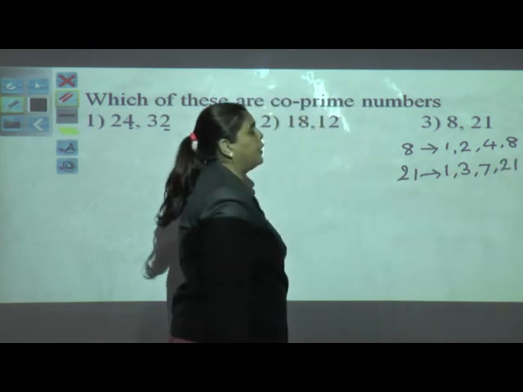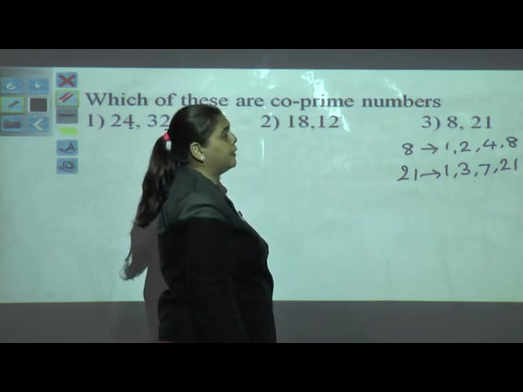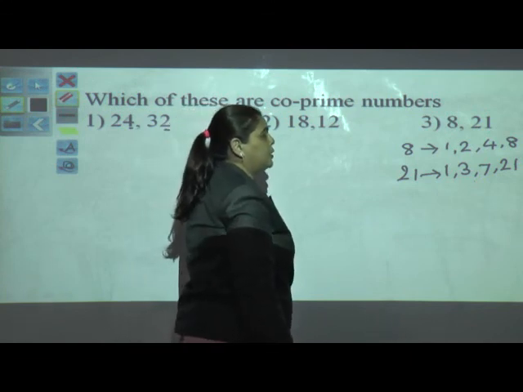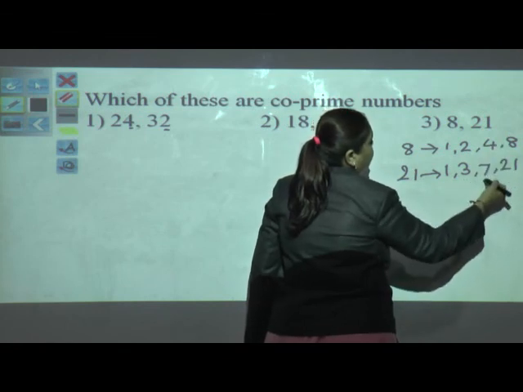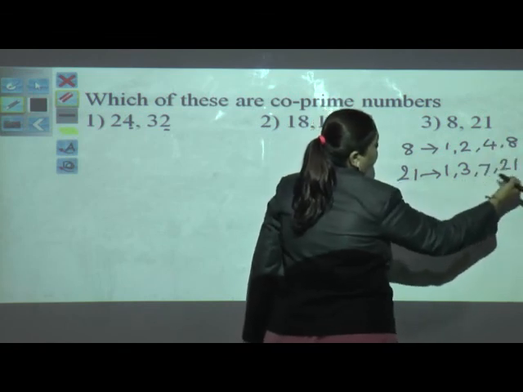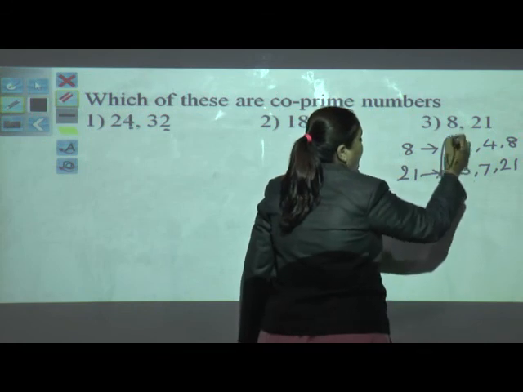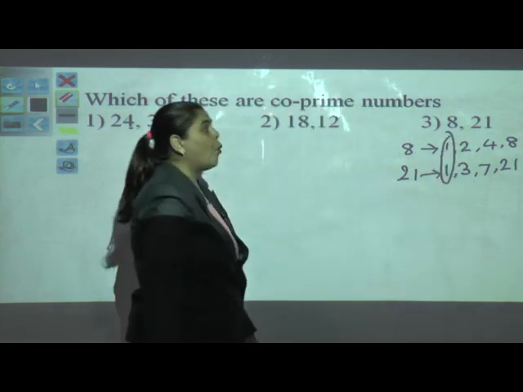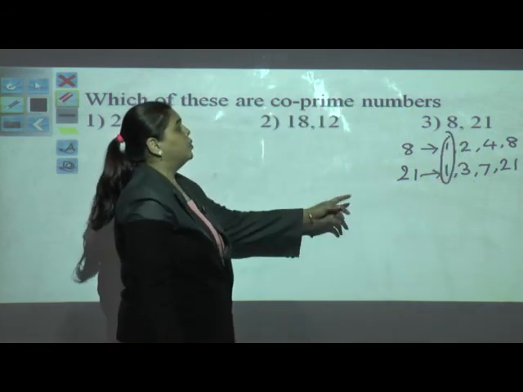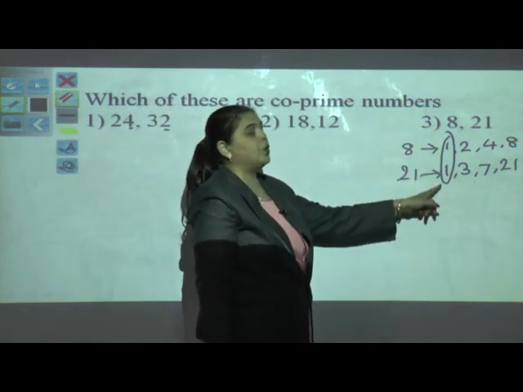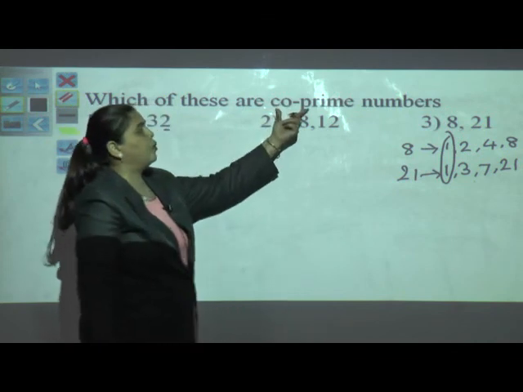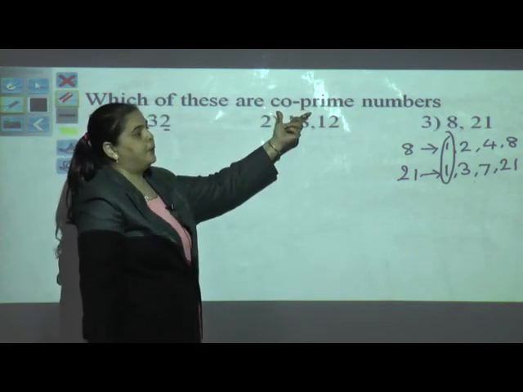Now, can you find the common factors between 8 and 21? We don't have 2, we don't have 3, 4 is not there, 7 is not there. Between 8 and 21, we have only the common factor 1. The numbers whose only common factor is 1 are known as co-prime numbers.